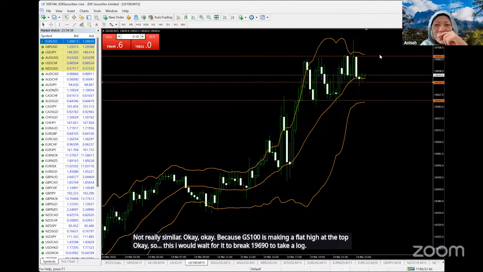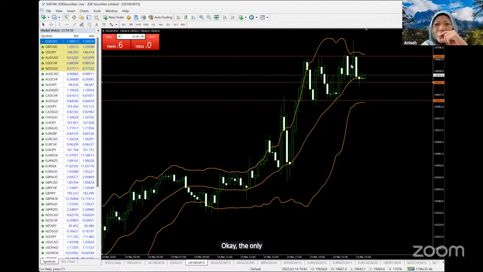The only similarity is that they both remain in the bullish area. I mean, both go up, above there. Oh yeah, yes, correct.